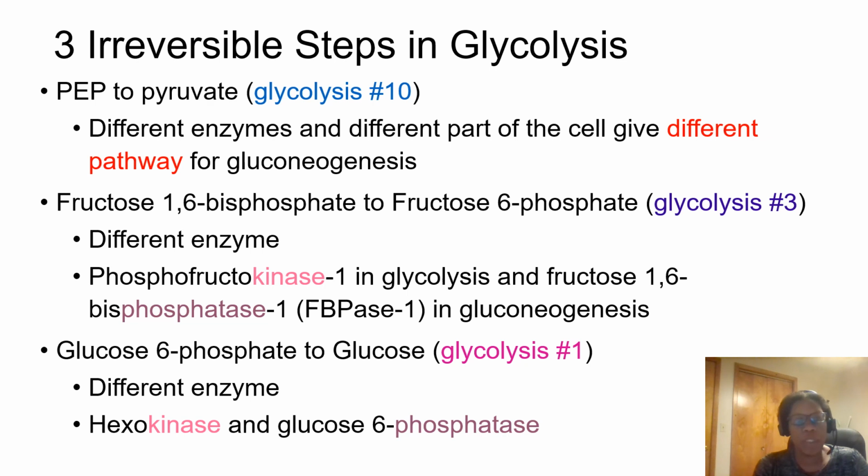And then the first step in glycolysis, which is the last step in gluconeogenesis, to convert G6P to glucose, does not use hexokinase. We saw hexokinase being used many other times in the feeder pathways into glycolysis. But we utilize glucose 6-phosphatase to convert G6P to glucose.